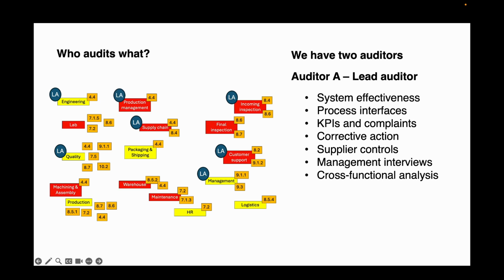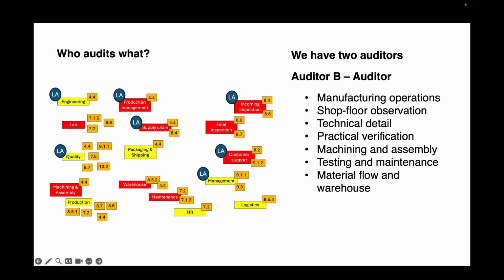Now let's see auditor B. What are his or her strengths? This auditor is stronger in manufacturing operations, shop floor observation, technical detail, practical verification, testing, maintenance, and material flow. So auditor B is better placed to go deeper into the physical reality of operations and compare what is supposed to happen with what actually happens.